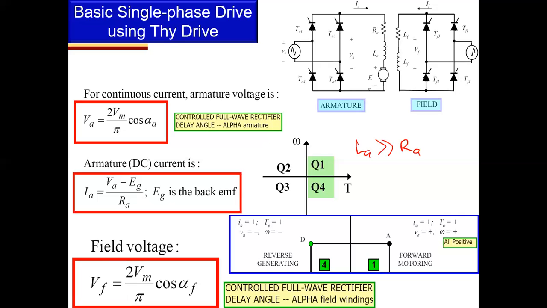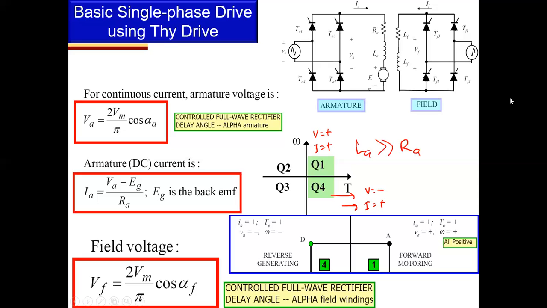But you may see that this rectifier can only operate in 2 quadrants, which are quadrant number 1 and quadrant number 4. If the speed is positive, then V is positive and I is also positive. In quadrant number 4, V is negative and I is positive.